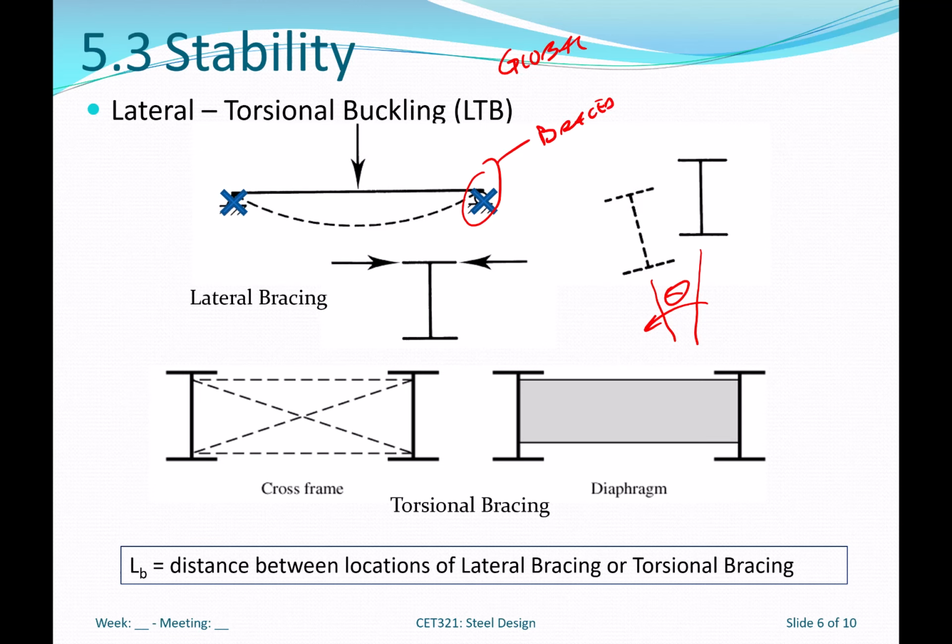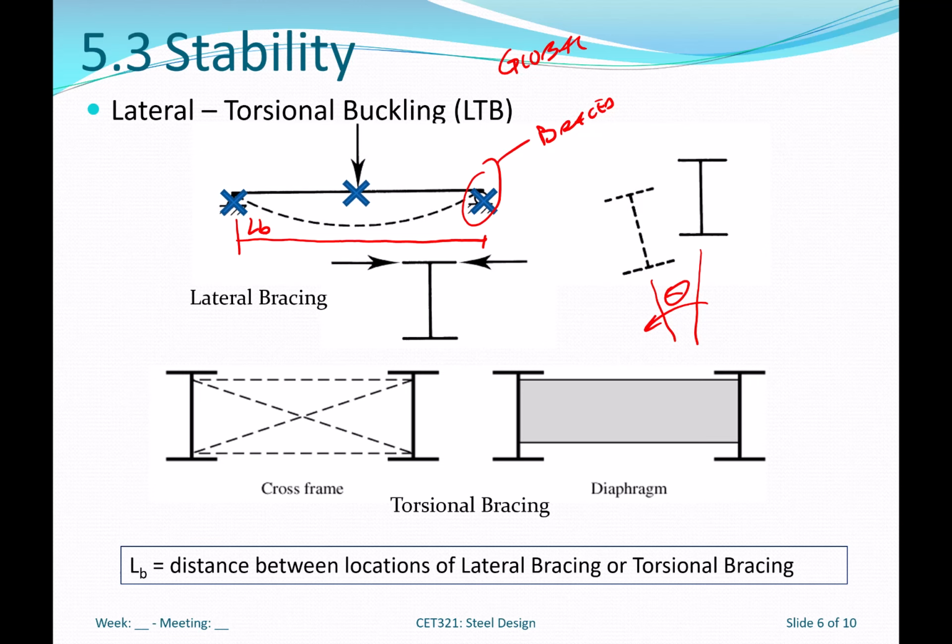The longer the unbraced length, which we're going to refer to as L sub B, the weaker the beam will be, just like columns. The longer the column was unbraced, the weaker the column was. We can also add additional bracing. We could brace it to concentrated loads and change the unbraced length and therefore increase the capacity of the beam.